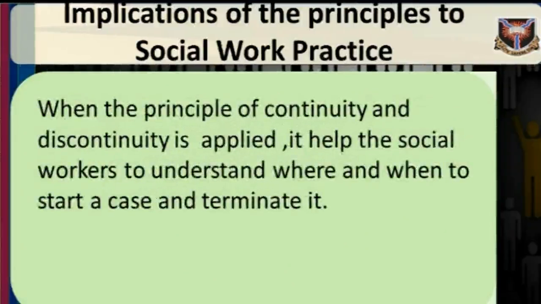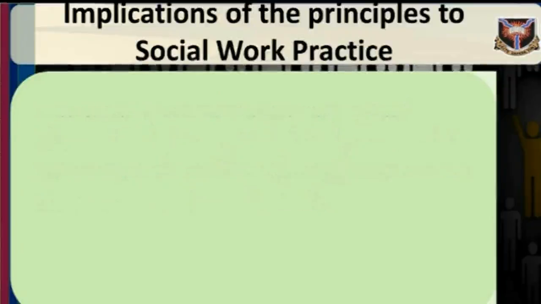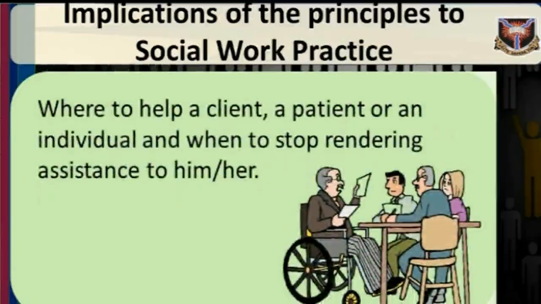The principle of continuity and discontinuity will help the social worker to understand where and when to start a case and terminate it. That is, where to help a client, a patient, or an individual, and when to stop rendering assistance to him or her.